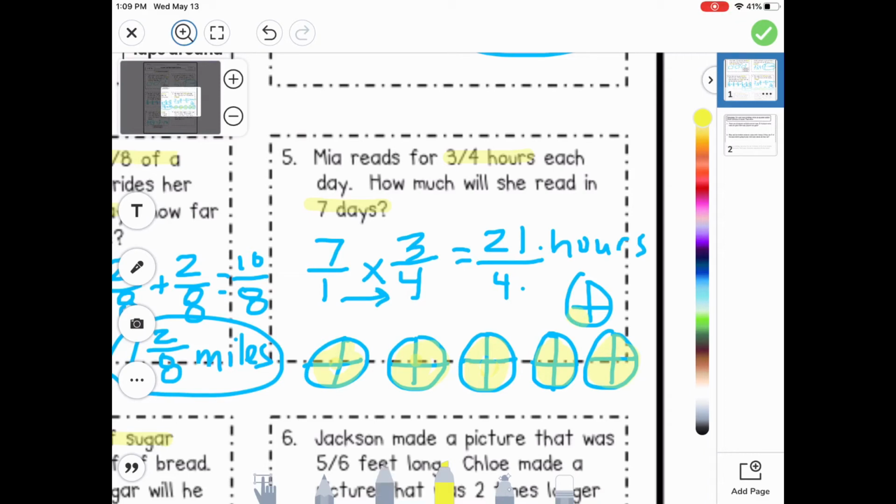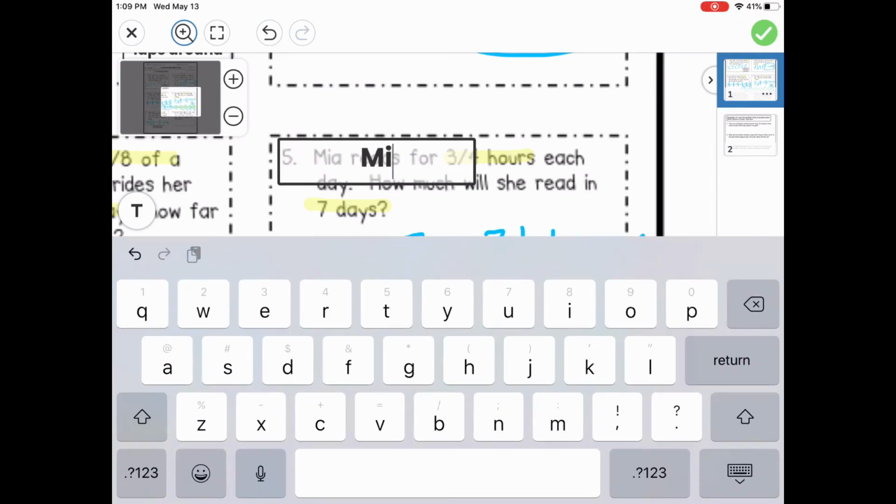So I can see that she read 1, 2, 3, 4, 5, and 1/4 hours. So Mia read for 5 and 1/4 hours.